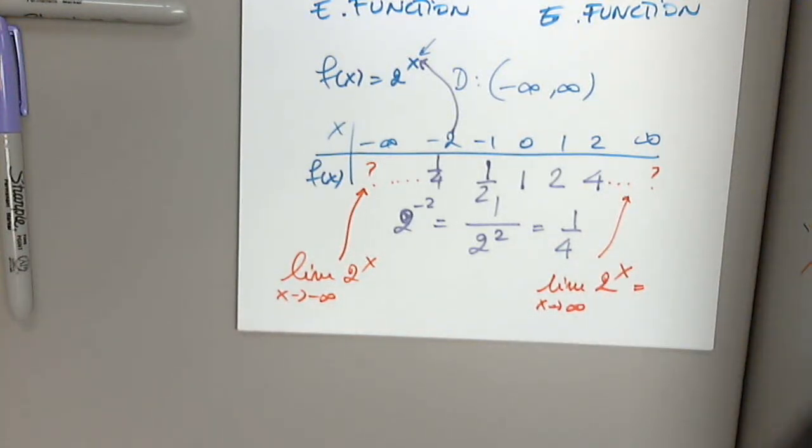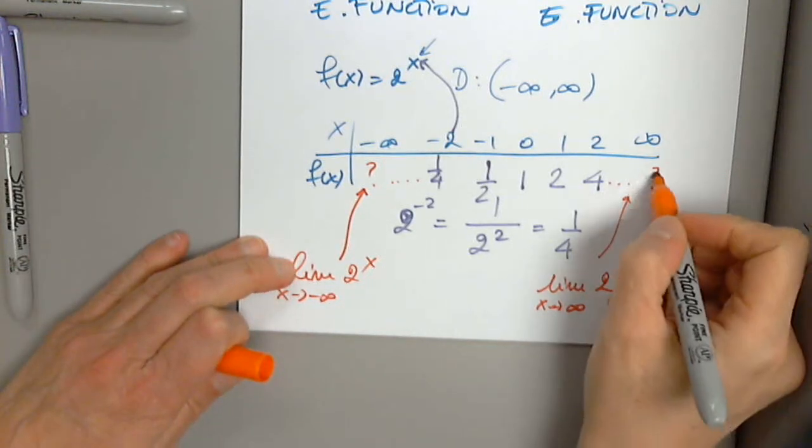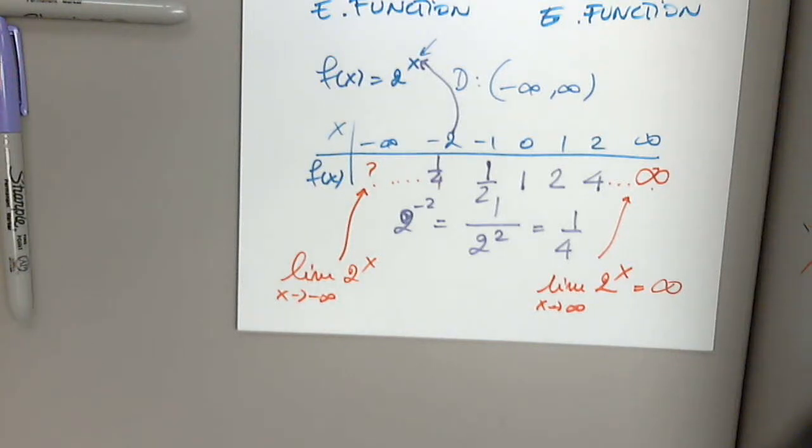So let's start with the right-hand side. If this goes from 4 to 8 to 16 to 32 to infinity, where do you think this goes? Absolutely, there is no doubt. Excellent. So this is infinity. Let's go to the other side. Now this is a different story, right?